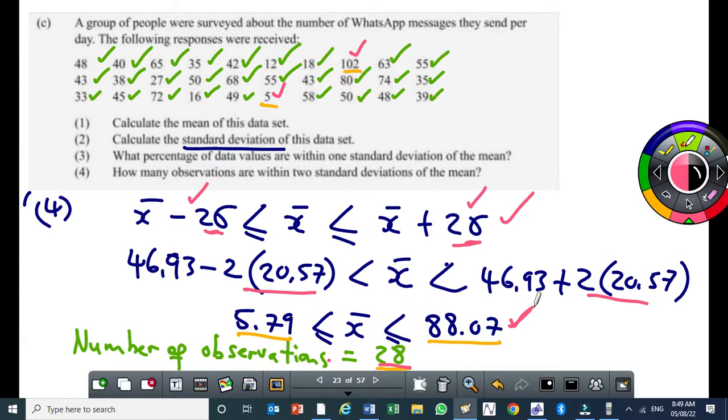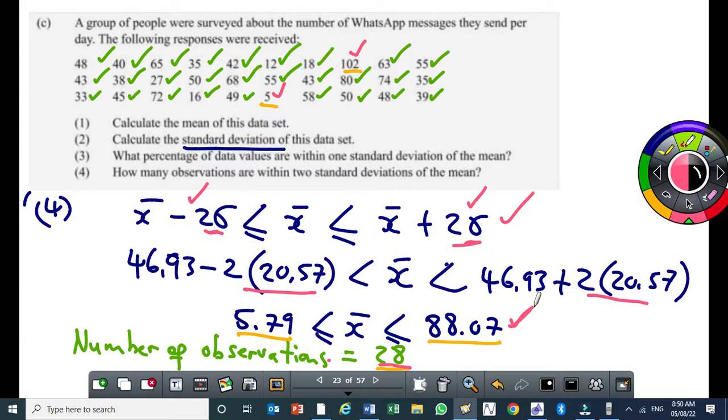Then you've got your data set. You identify the number of values in this data set that fall within 5,79 and 88,07. So let's do it now. 48. Is 48 between 5,79 and 88? 40, 65, 35, 42, 12, 18, right? 102, no. 63, and so on.